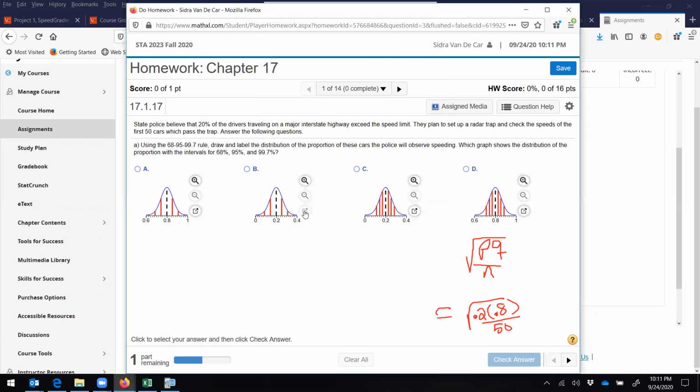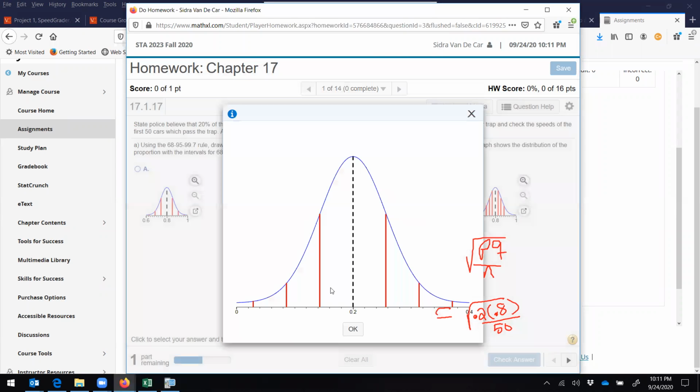So looking at this, notice, let me clear those drawings. 1 standard deviation is here, 2 here, 3 here. Well, I'm adding about 0.06 to it. So 0.26 would be 1 standard deviation, 0.32, and then 0.38.